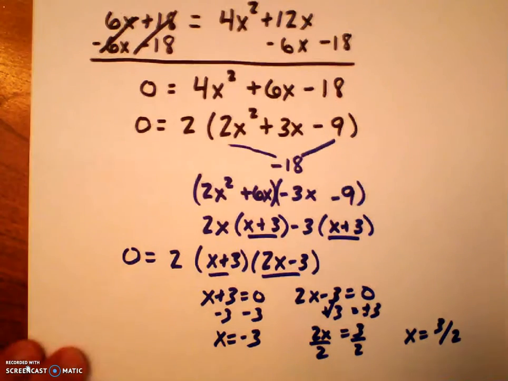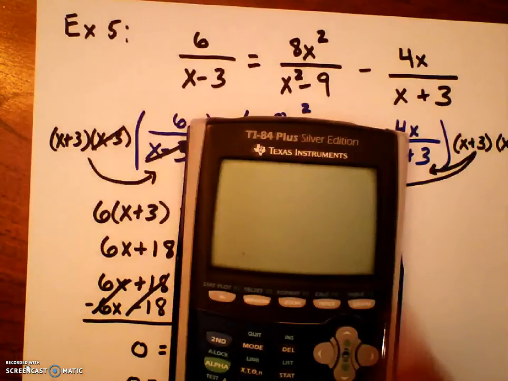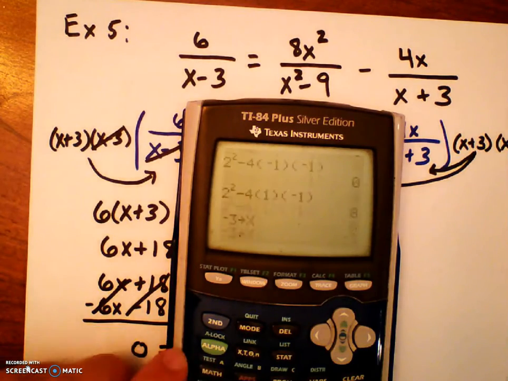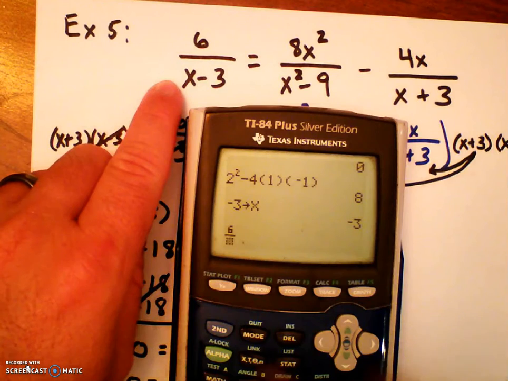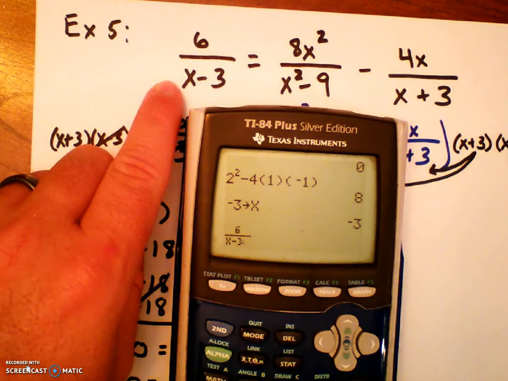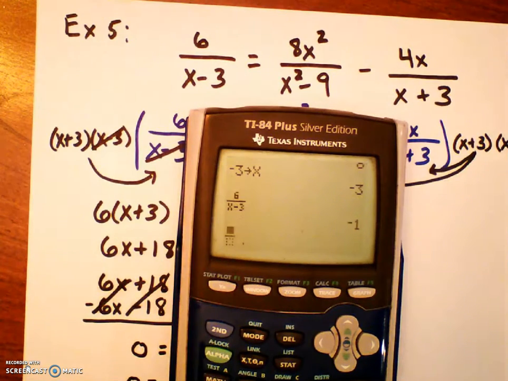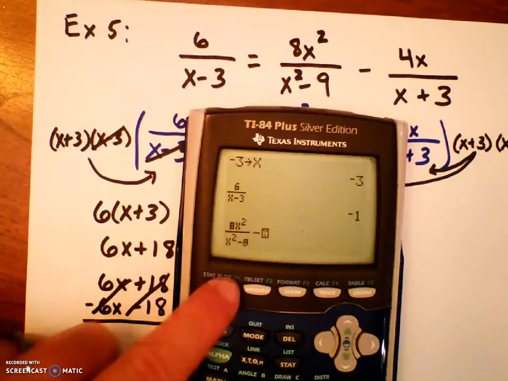We talked about that in class. So I'm going to test -3 first. If I plug -3 in and store that as x, and I type in my left-hand side, 6 over x minus 3, and hit enter, it gets me -1. If I type in the right-hand side, which is this, again, it just takes practice getting this typed in quickly.